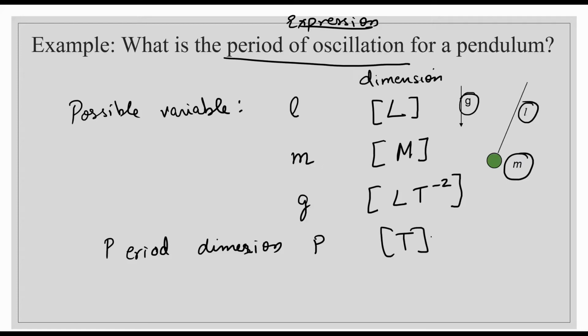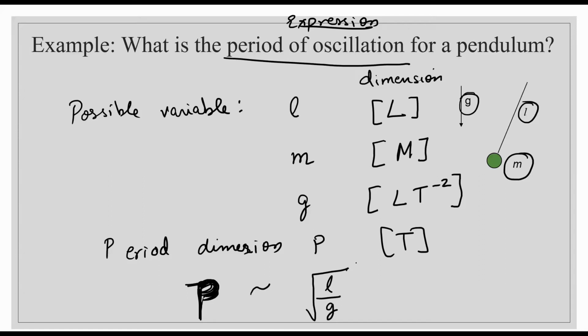Now we need to look for a variable combination which is equivalent to T, because we need to deduce the expression for the period of oscillation, right? We need to find this P. The only possible combination you will see is if we divide L and g and take the square root.